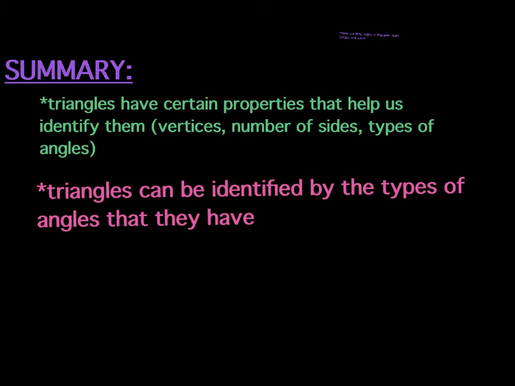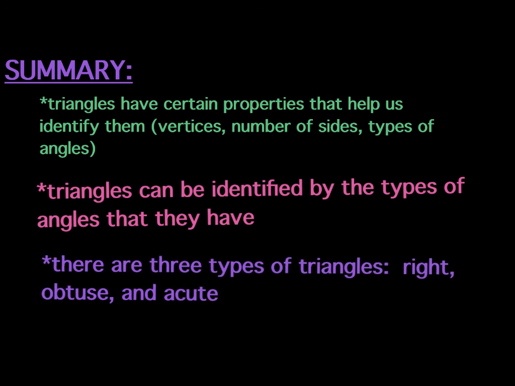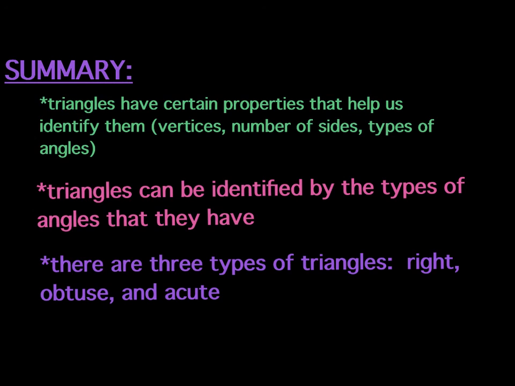Triangles can be identified by the types of angles that they have. Remember, if they have obtuse or acute or right angles, that's going to help us determine what kind of triangle that is. And then there are three types that I just mentioned, right? Right, obtuse, and acute. Hopefully that makes sense.